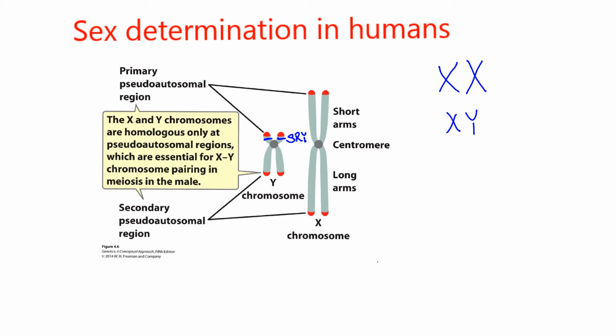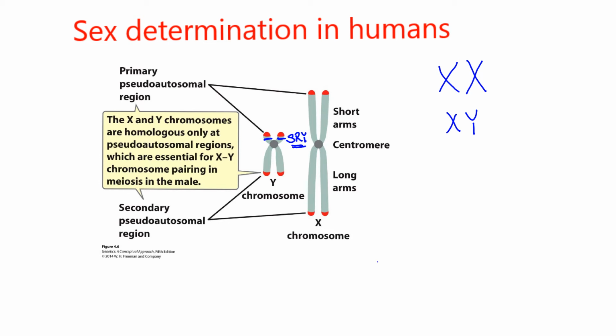However, under normal circumstances, XY develops into male because the Y chromosome carries the SRY gene, which is the gene that determines maleness. The SRY gene is turned on very early during embryogenesis, and it determines the development of testes and results in production of testosterone, which drives male development.